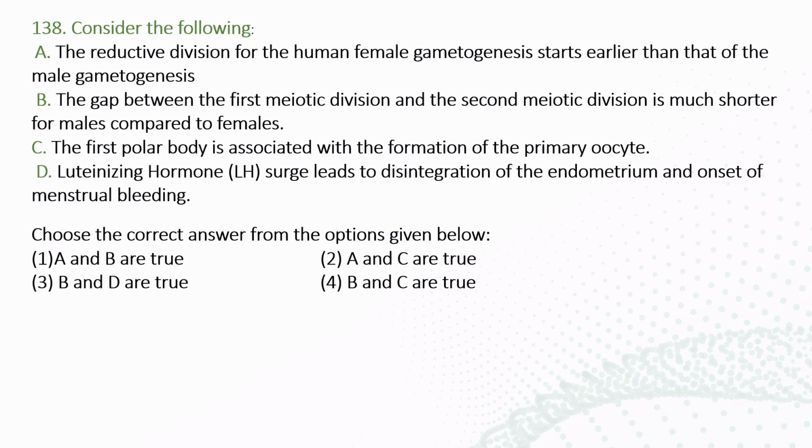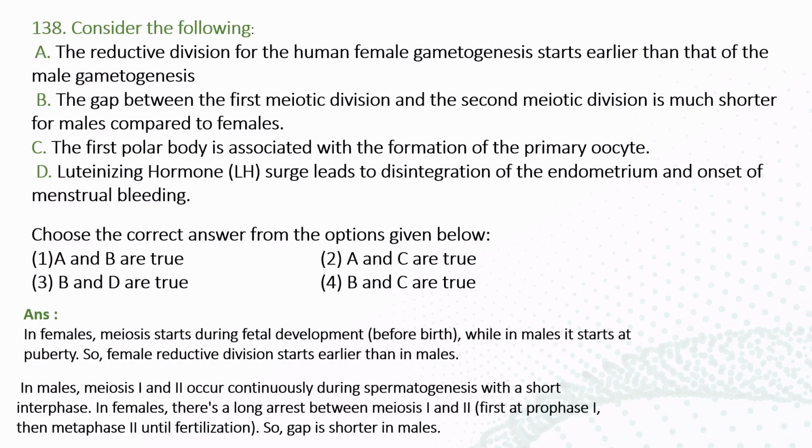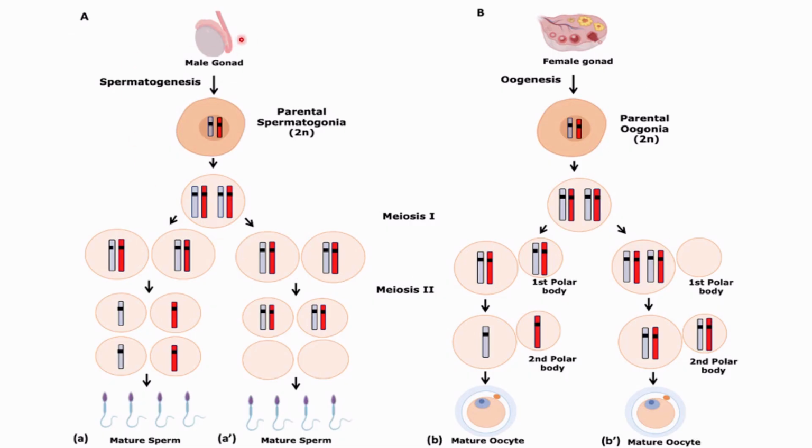So regarding the first polar body, if we see the image here, we know what happens in the male and female. In the male, obviously, the spermatogonia, which are in the diploid condition, undergo meiosis 1 and then meiosis 2.